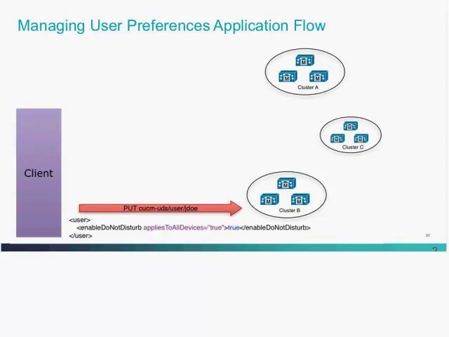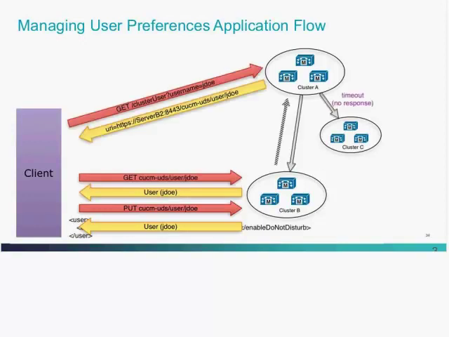In this use case, we are sending a PUT request for user JDO, and we are enabling DND for all the devices controlled by this user. At the end of this request, you get a response back, and all the devices are set with DND preferences. So this gives an overall picture of how the home cluster of a particular user is identified, and then how you manage the user preference.